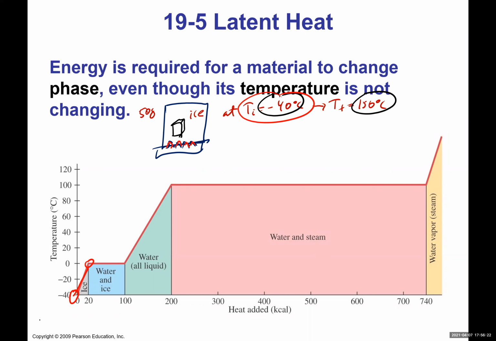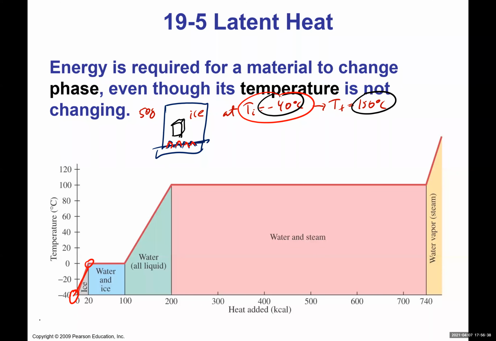Ice has a limit for the temperature, and that's 0 degrees Celsius. For it to go to 1 degree Celsius, it has to melt first.